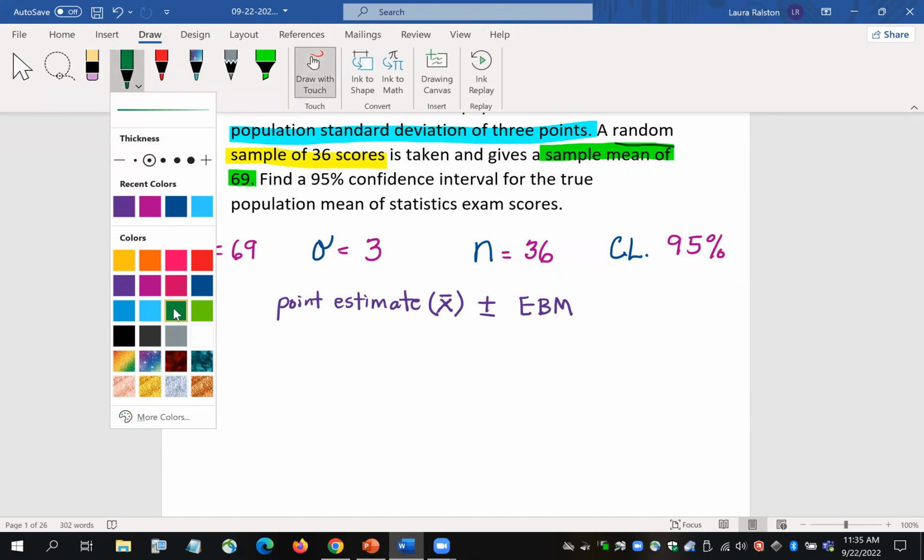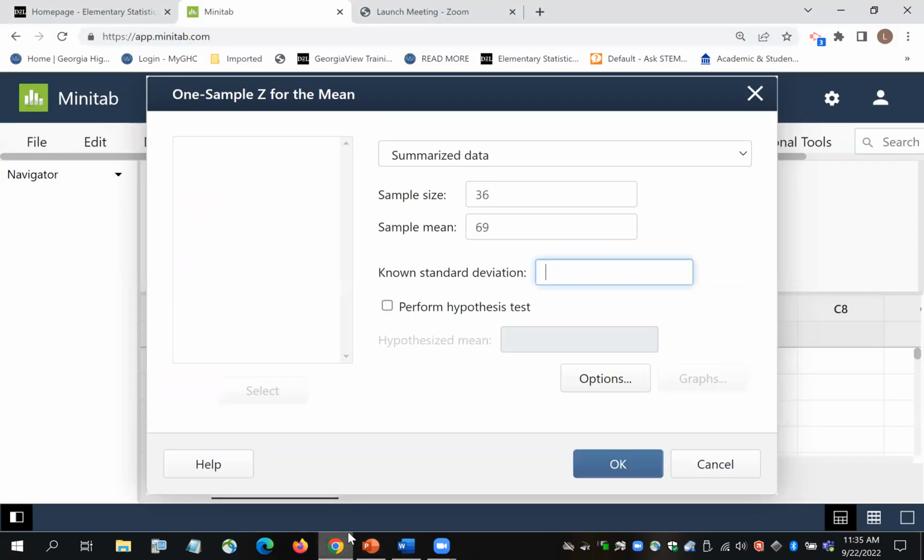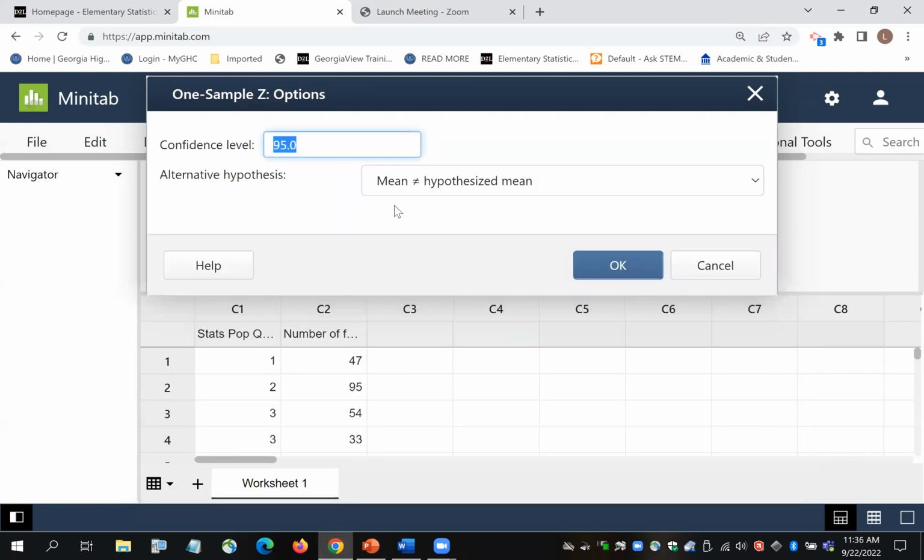So when you're looking at this, Minitab calls this the known standard deviation, and it is 3. Then I choose options because I need to tell Minitab what confidence level I'm doing. It's 95%. And the alternative hypothesis should be that the mean does not equal the hypothesized mean.